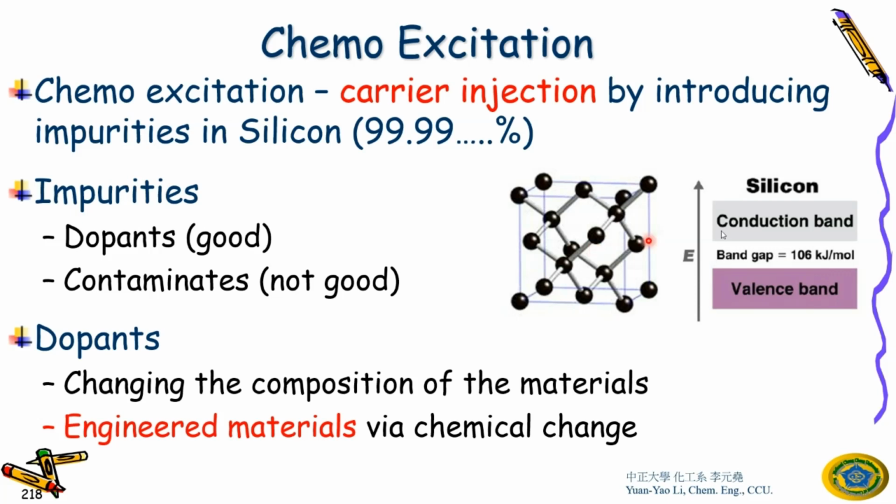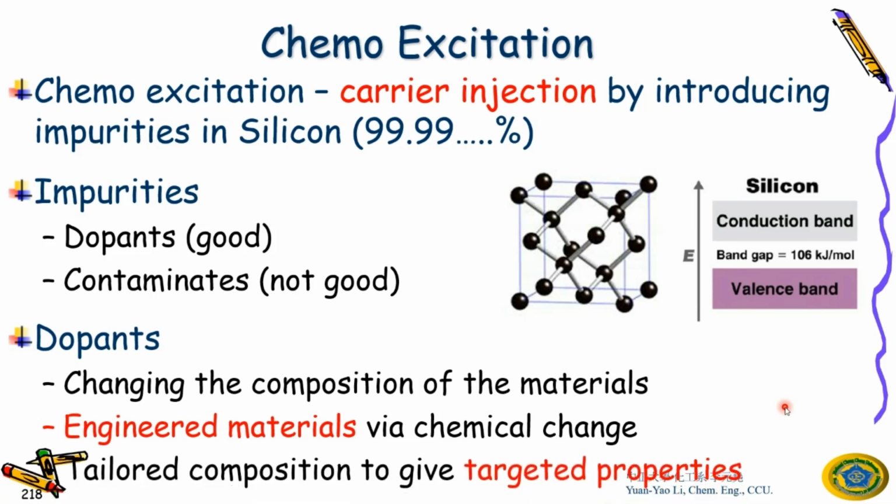If you put A atoms, B atoms, C atoms, foreign atoms into a silicon wafer, you also change the property of this silicon crystal, for example. So tailored composition gives a tailored property. You need to know what kind of property you want, and you design the material.